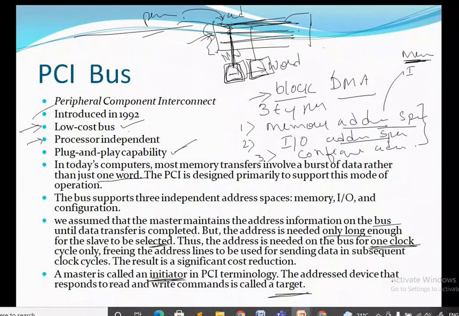The addressed device, that means the device the master is going to request, we call it the target. Instead of slave, we are going to use target. Just remember, master is nothing but initiator in PCI bus, and slave is nothing but target. That is the only difference you need to remember.